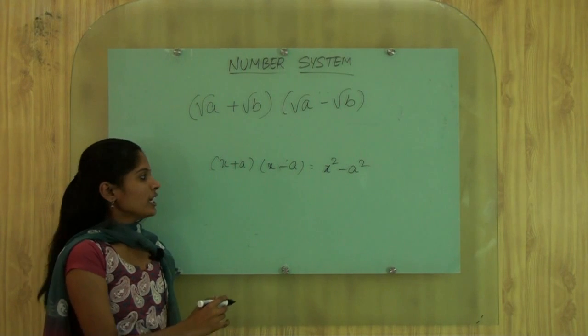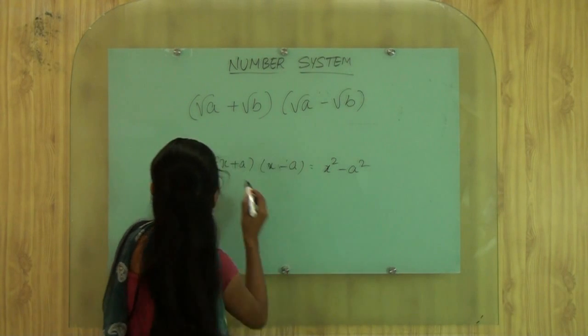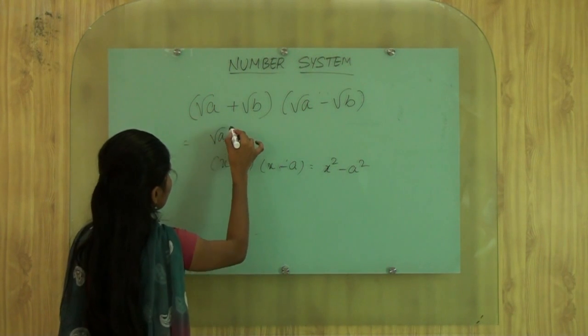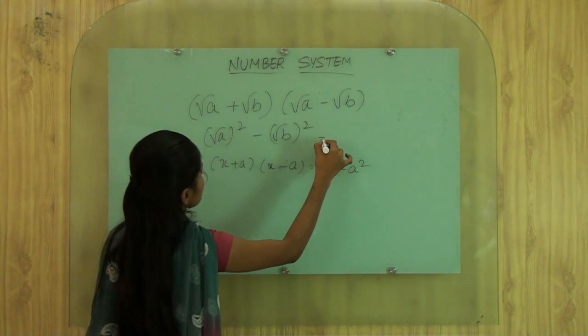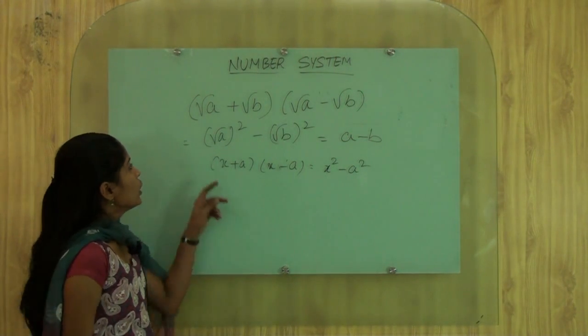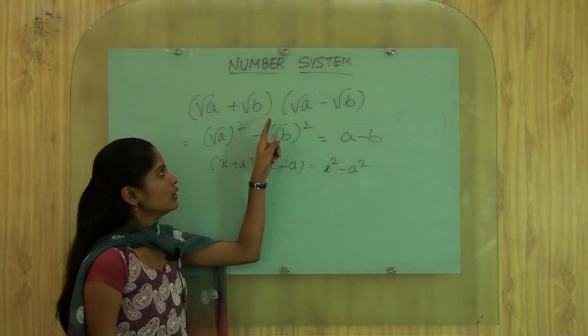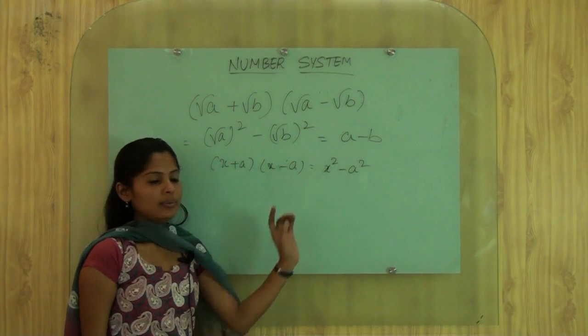This is the formula. You know this. Apply this here. Then the value becomes root a whole square minus root b whole square, which is equal to a minus b. So we can tell that root a plus root b into root a minus root b is equal to a minus b.